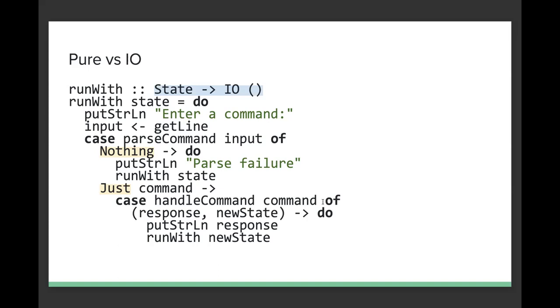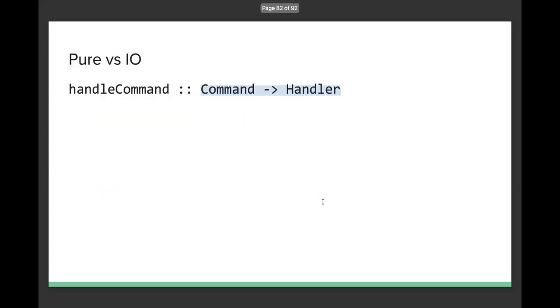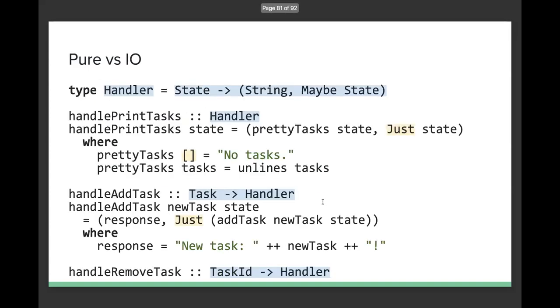Does it make sense? So what we have done is we have put all of our input output in this single function run with, and all of our logic, what's typically called application logic or business logic, is now in pure functions.